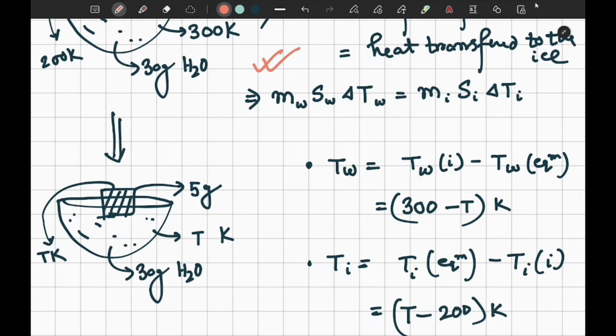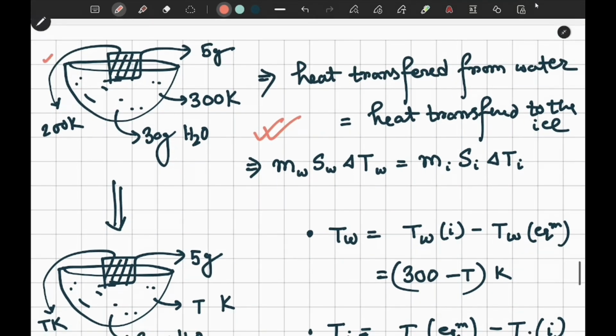So first, let's understand it. When you put ice in hot water, because the water is always hotter than the ice, that is 300 Kelvin here, what will happen first? The temperature of the ice will increase.